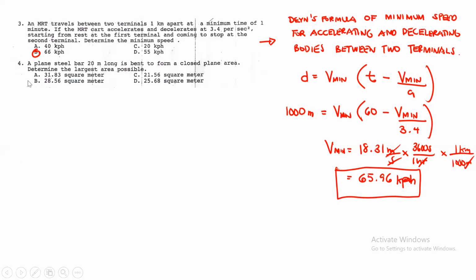Then next, number 4, a plain steel bar 20 meters long is bent to form a closed plane area. Determine the largest area possible. Inaanap natin dito yung largest area.